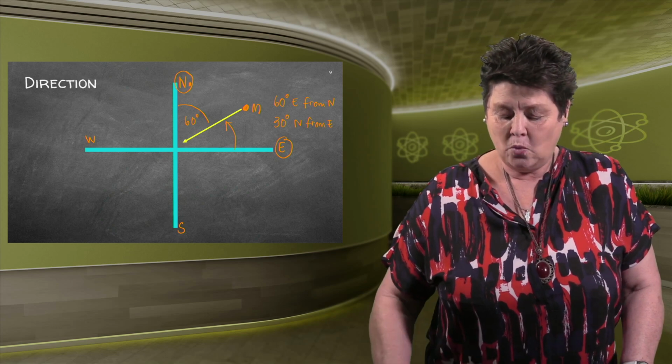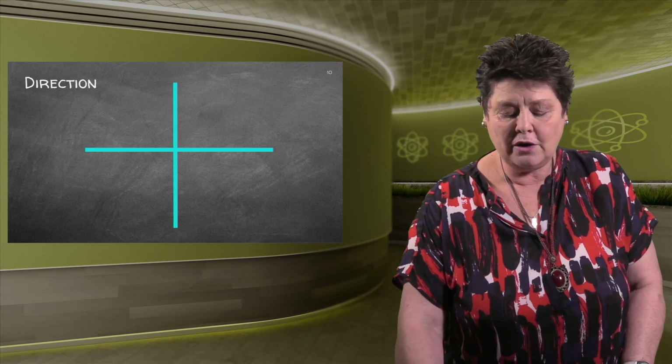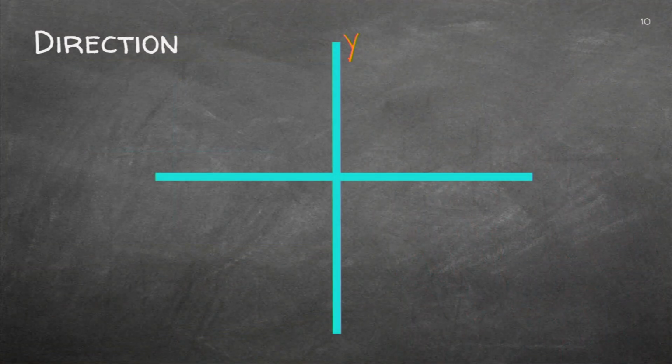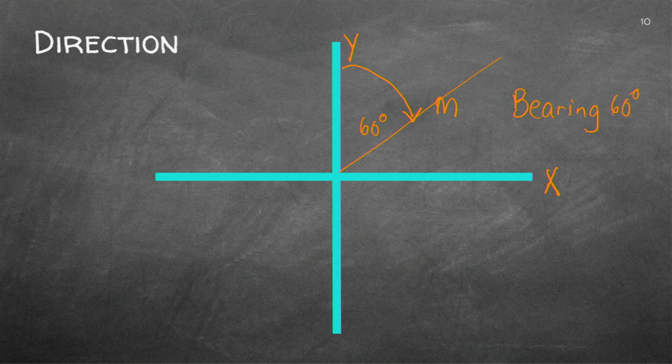We can also, in sciences, work from the y-axis, and you will find mostly math will work from your x-axis and physical sciences will work from your y-axis. And we will then work towards the x-axis. So if I've got point M there, and again my 60 degrees there, I can express that as a bearing of 60 degrees. And everyone all over the world will know you started at the y-axis and you measured towards the x, or clockwise.